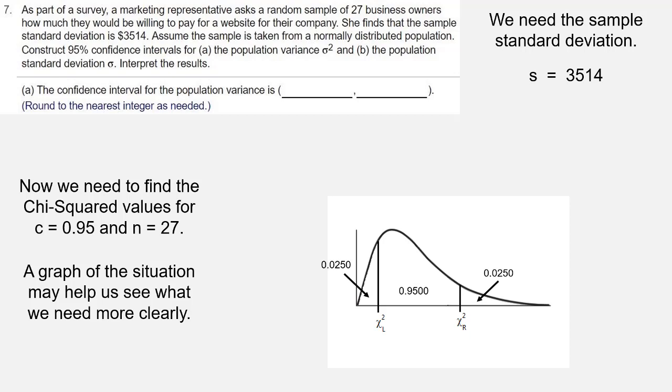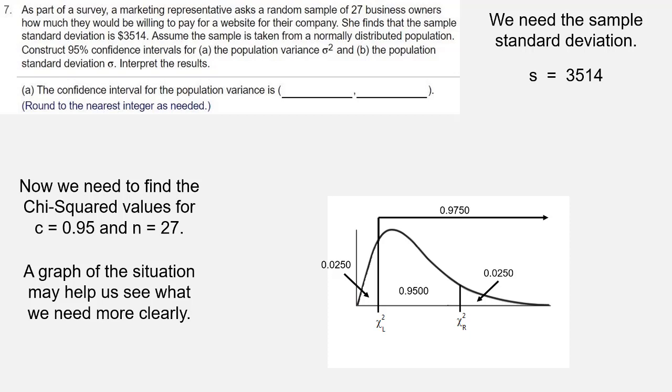When we use the chi-square distribution table, we're looking for area to the right, unlike in the standard normal table where we look for area to the left. So if we look at our chi-square L value, what's the area to the right of that position? That would include the central area of 0.9500 and the right-hand tail of 0.0250, which gives us a total area to the right of 0.9750.